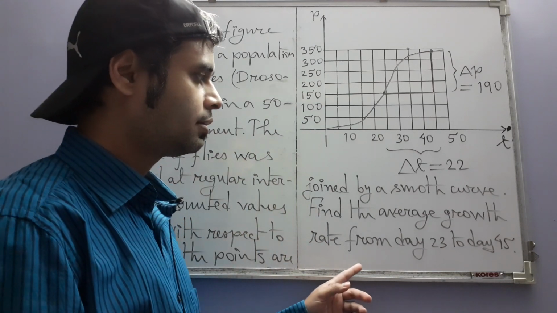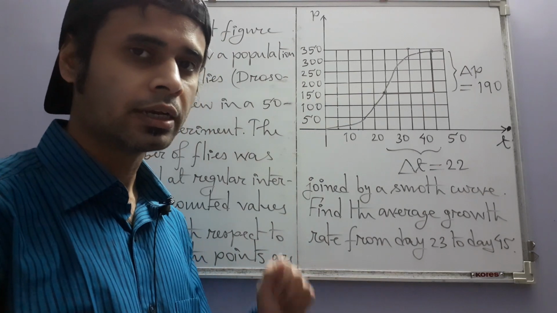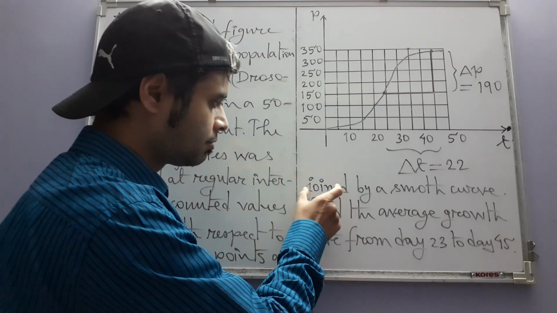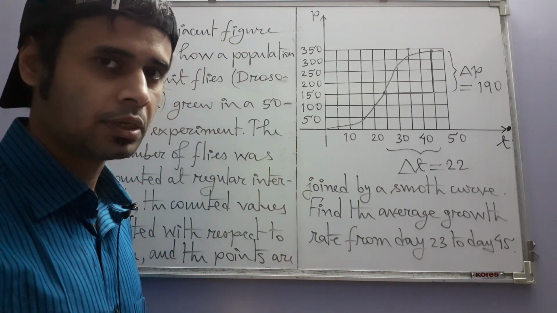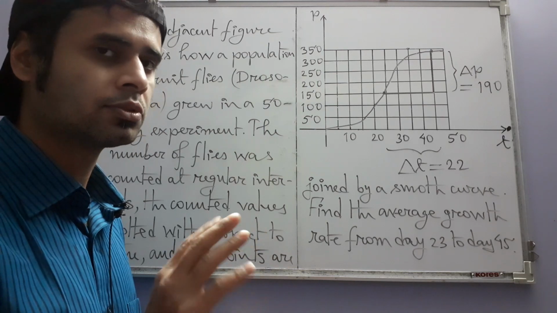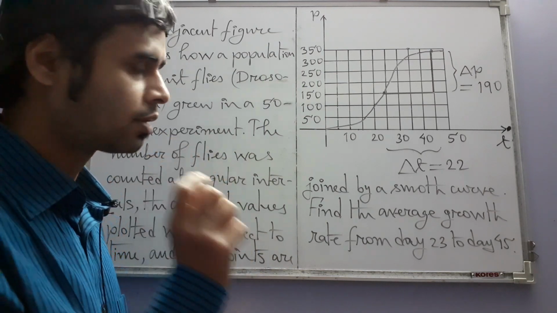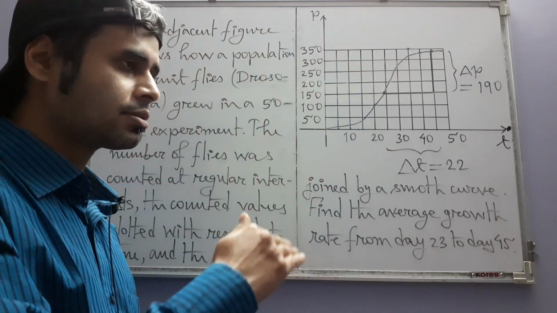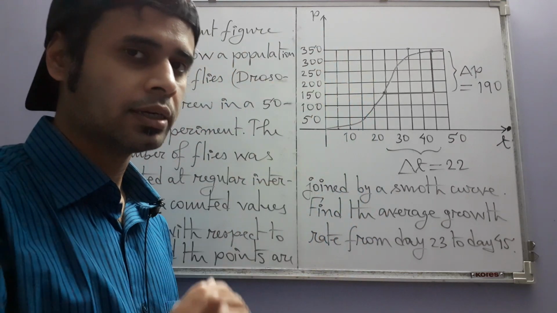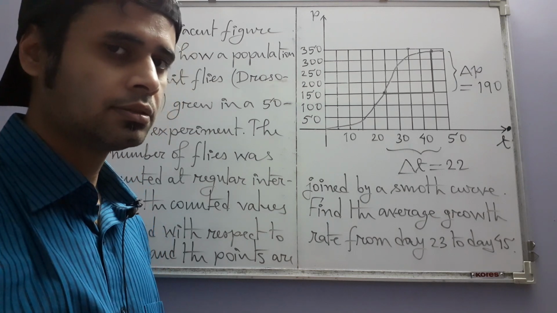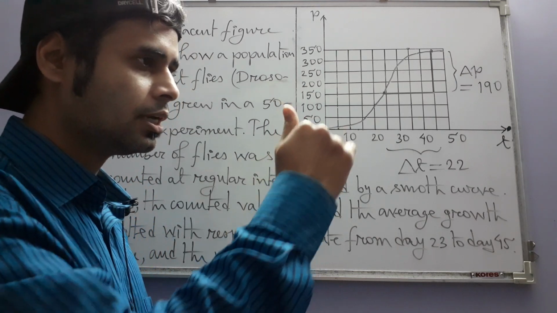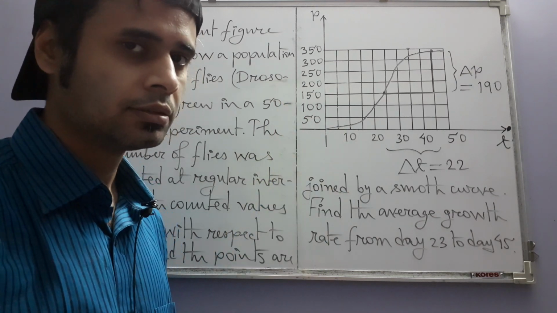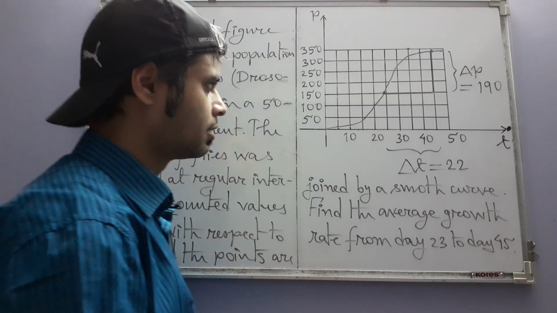Note that unlike the rock falling example, where some formula was given, that the distance the rock fell in t seconds is 16t squared feet, some sort of formula is there.